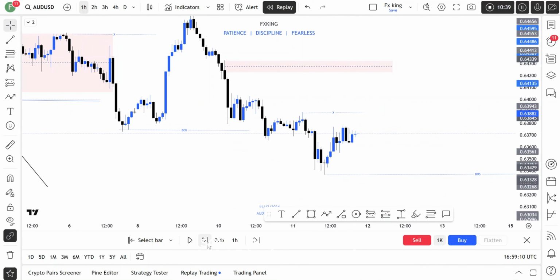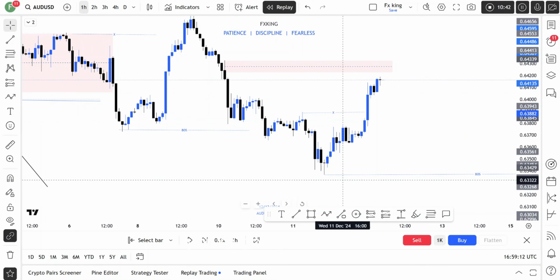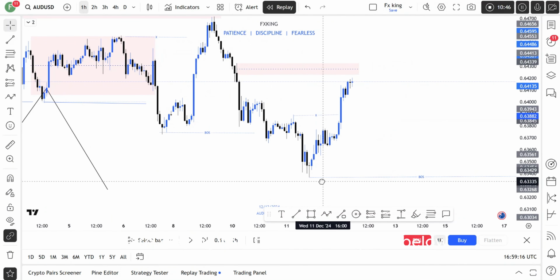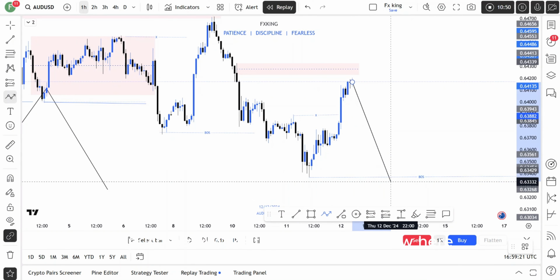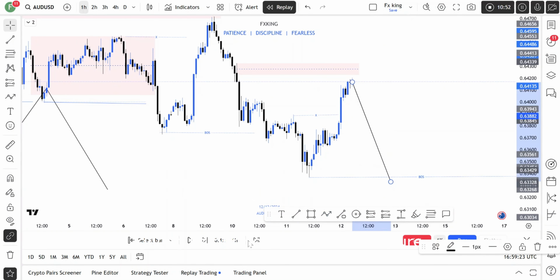If I play this along, you are going to see that here the market has taken out our inducement. So what are we waiting for? We're waiting for the market to push below like this and close below here, giving us our next break of structure. If I play price along, you are going to see that the market finally did.